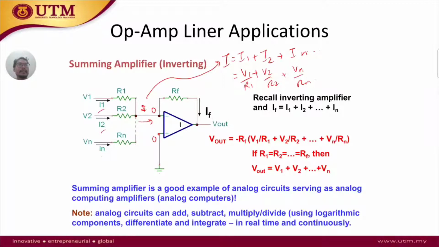So it's just a summation of the current, V1 minus 0 over R1 plus V2 minus 0 over R2 and so on. And we know that this I will be equal to this I, the IF.